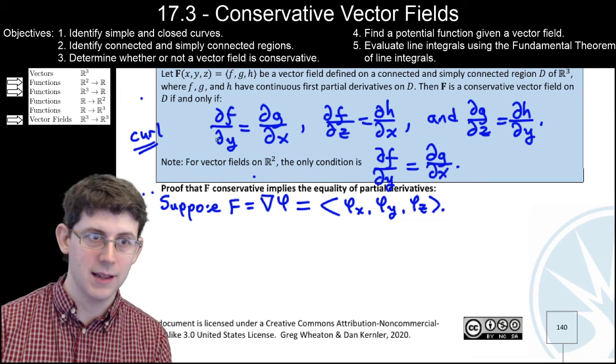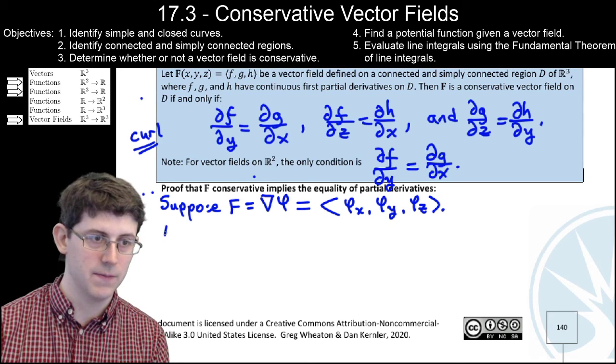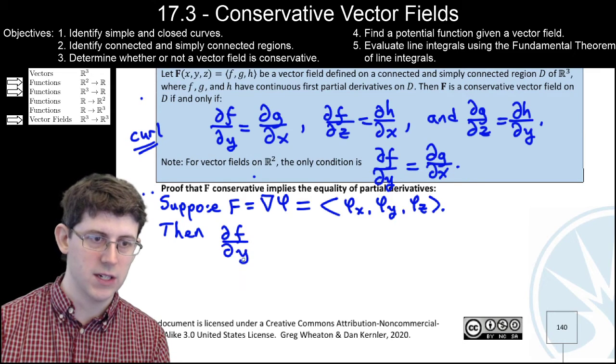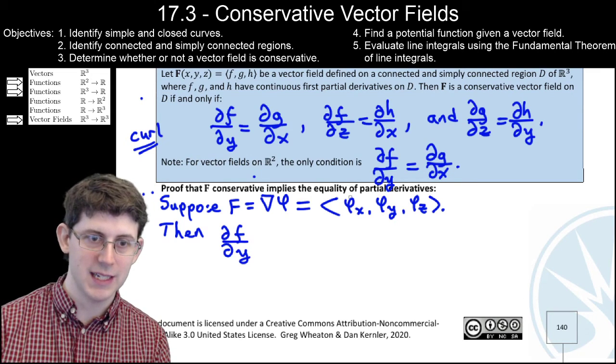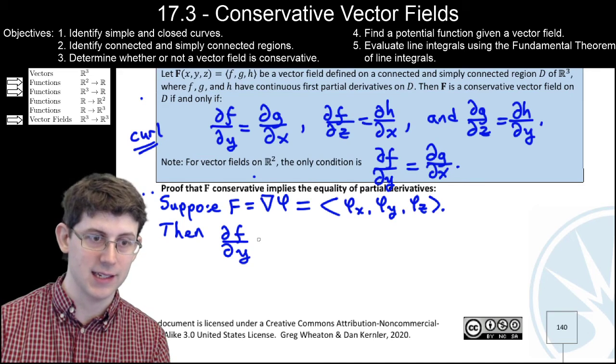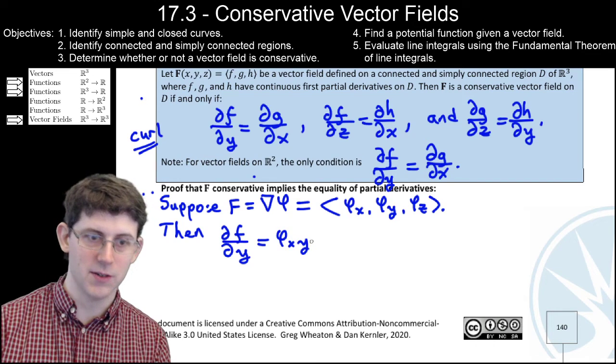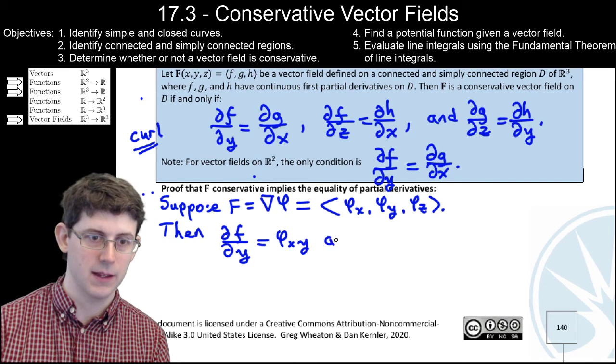Then if you check these partial derivatives, partial f partial y, well, what's in the f slot is phi x. And then we're taking the y partial derivative of phi x.